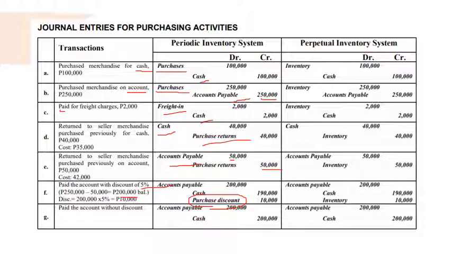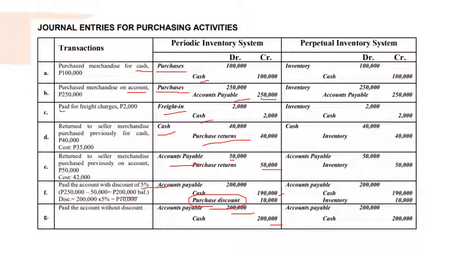So 200,000 would be the base of our 5% discount. That is 200,000 times 5%, and that is 10,000. Because of this discount, our cash to be paid will be reduced by 10,000. So instead of paying the entire 200,000, we will only be paying 190,000. And what if we pay without the discount? Then we just simply close the accounts payable 200,000 and credit cash.